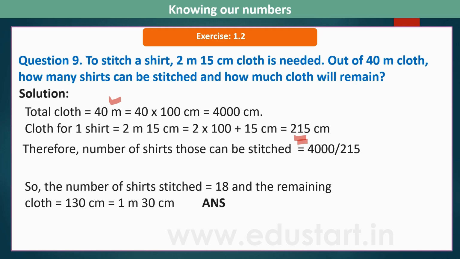We know 1 meter is equal to 100 centimeters. So first we have converted all the meters into centimeters. Therefore, the number of shirts that can be stitched is equal to 4000 by 215. So the number of shirts stitched is 18 and the remaining cloth is equal to 130 centimeters. I have calculated that and just done the subtraction. So this much cloth will be remaining.